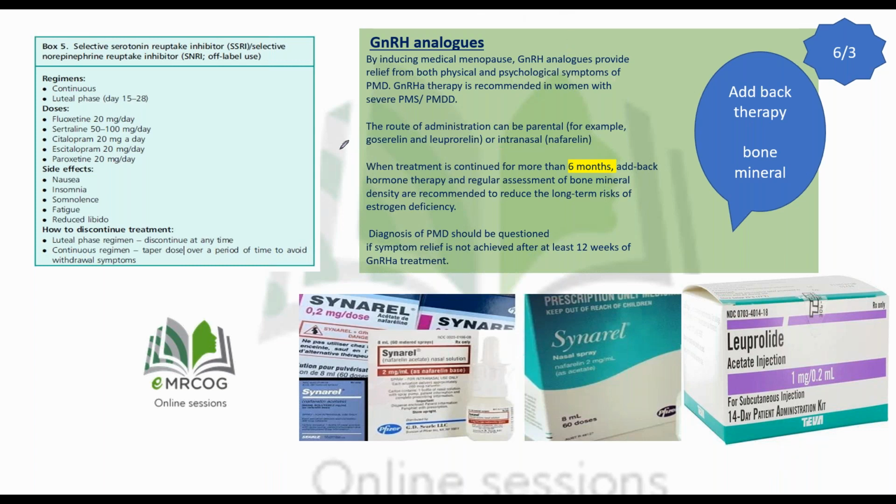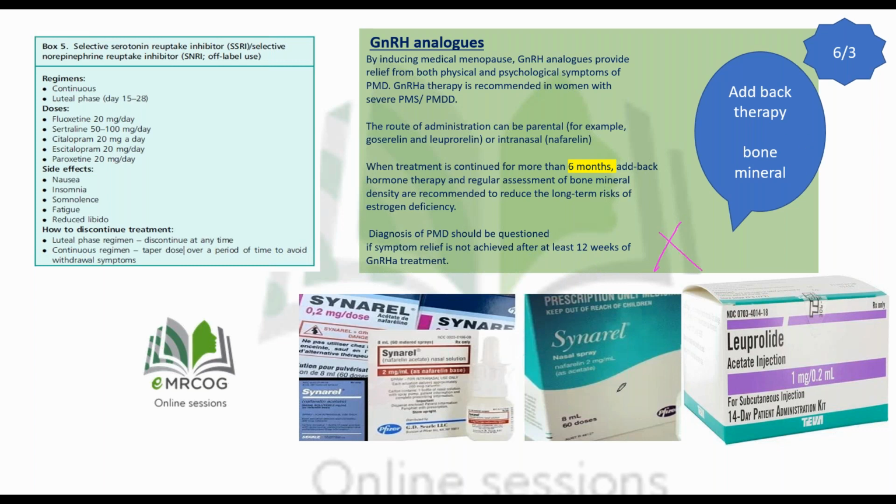How can I use it? It will be used as a trial, for 2 to 3 months to find out if there is symptom relief or not. So if there is no relief after 3 months, what shall I do? Stop, right?